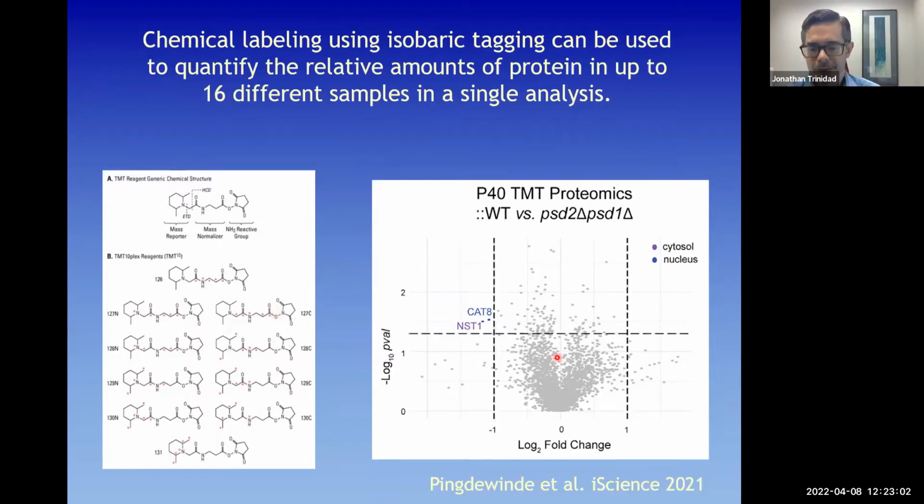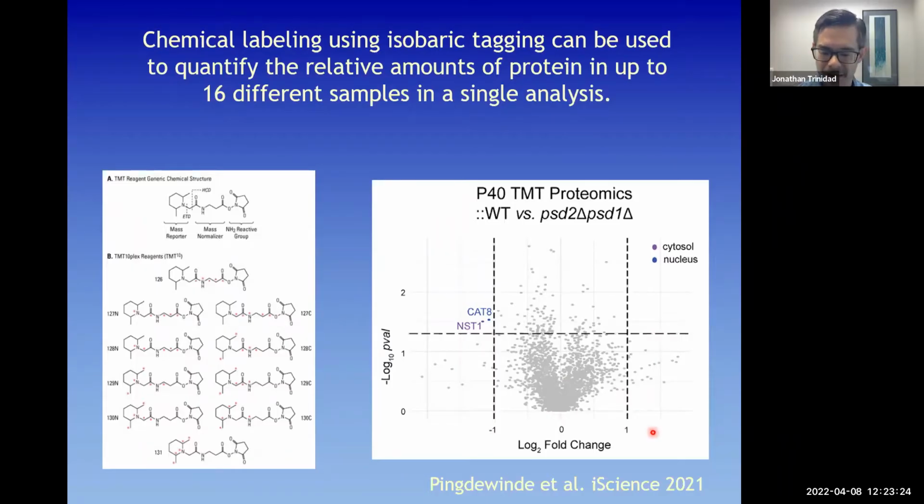Here's just a recent example. These plots tend to look the same from these sorts of experiments. It's the so-called volcano plot, where the collaborators were looking at a cell line with a mutant protein, and they wanted to see how the protein expression changed.